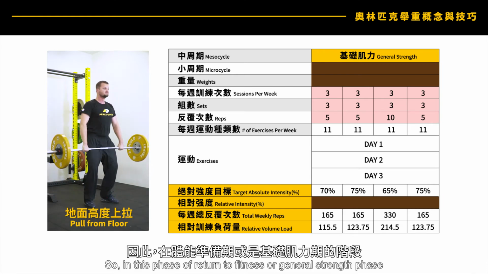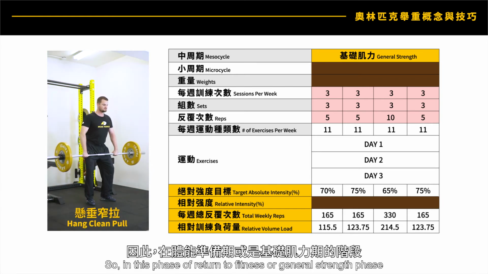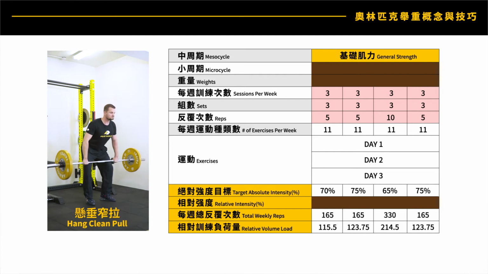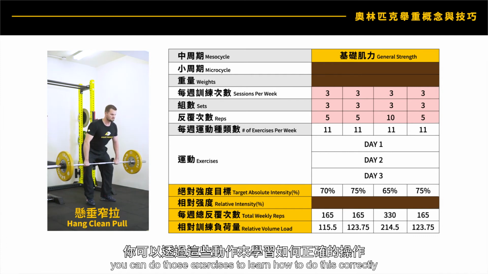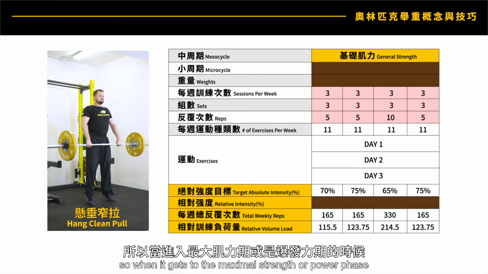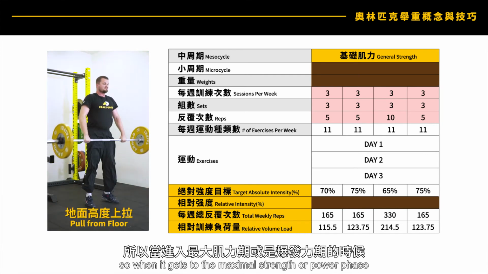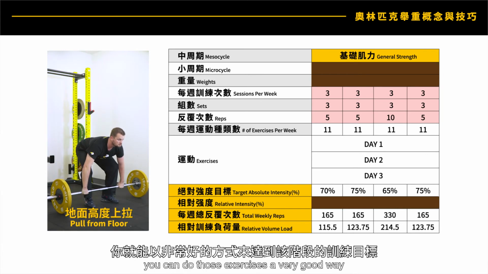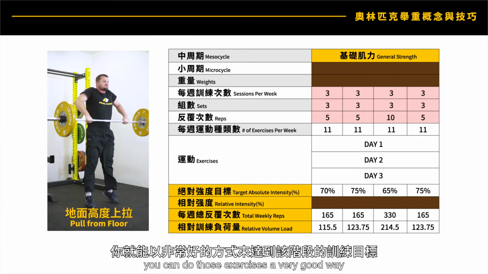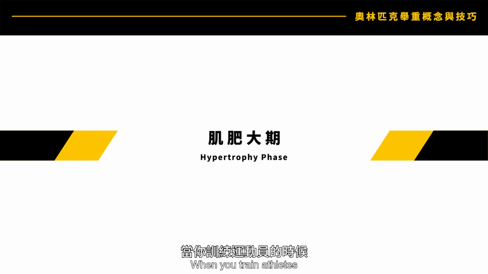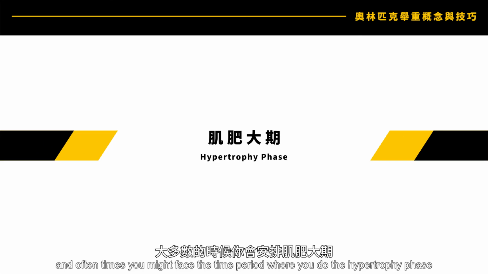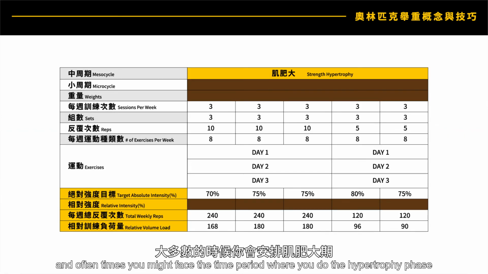So in the return to fitness or general strength phase, you can do those exercises to learn how to do this correctly. Then when it gets to the maximal strength or power phase, you can do those exercises in a very good way.